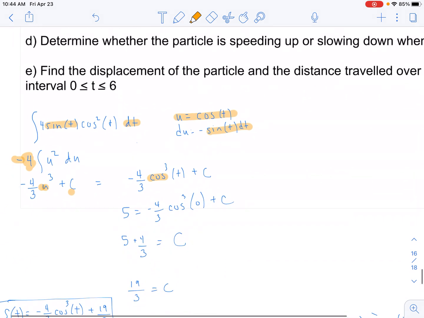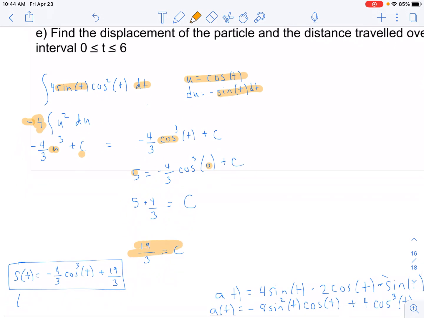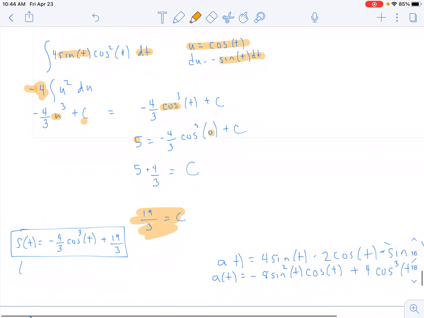So I'm going to plug in 0 for t and set it equal to 5. Then I get the cosine of 0 is 1. So I'm going to add 4/3 to both sides. When I do that, I get c equals 19/3. So for part A, the position function or the displacement function is negative 4/3 cosine cubed of t plus 19 over 3.